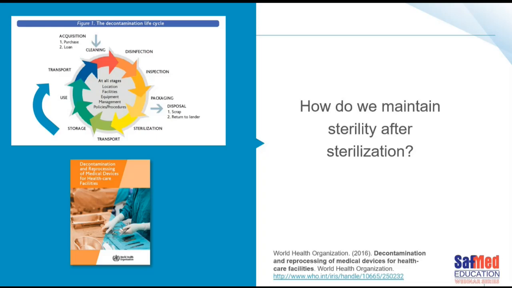How do we actually maintain that sterility after sterilization? Does it matter? Yes, it does. How do we need to safely transport? How do we need to safely handle and store all of our packs and devices and our sets in such a way that we maintain that sterility? Let's go into that in a bit more detail.